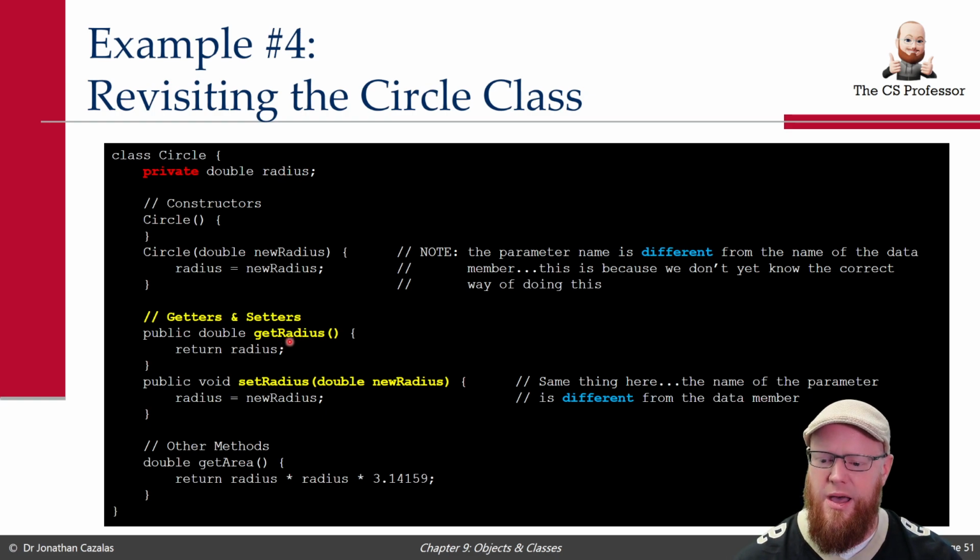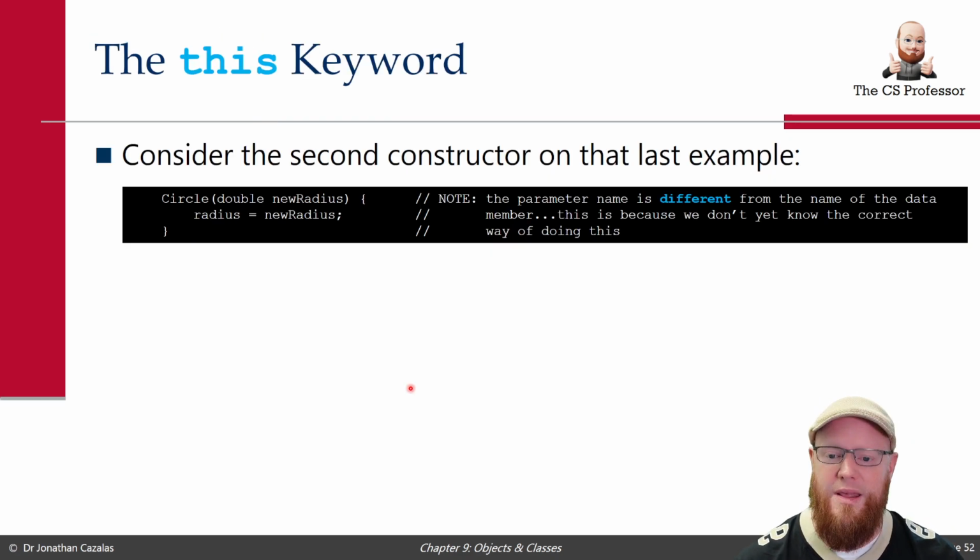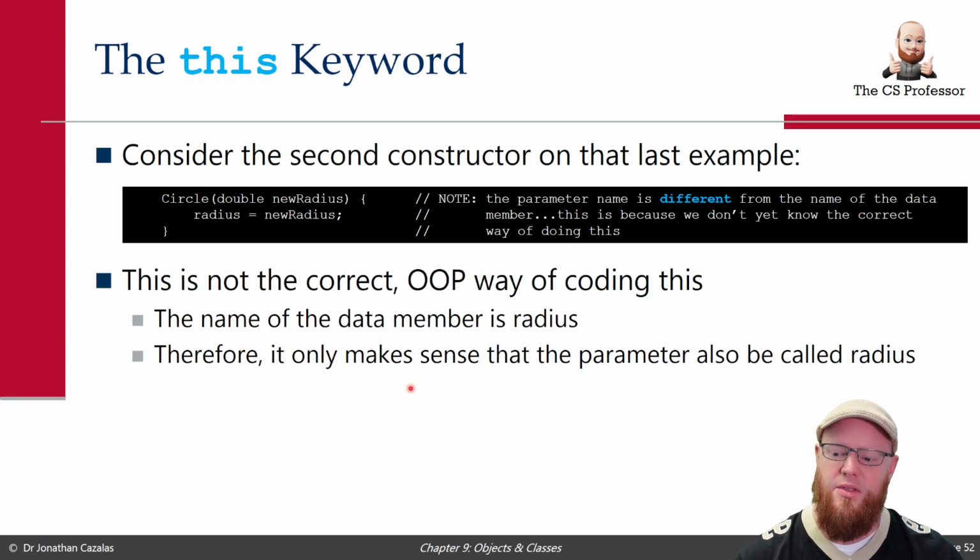Important to point out on this slide is that the parameter is called newRadius, and here the parameter for this setter method is also called newRadius. This is not the correct OOP way of saving this parameter into the data member radius. The only reason we're doing that is because we don't know the correct way yet.